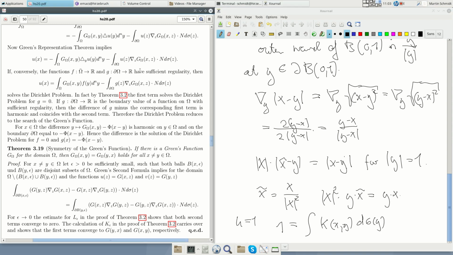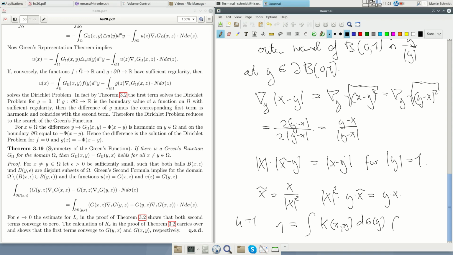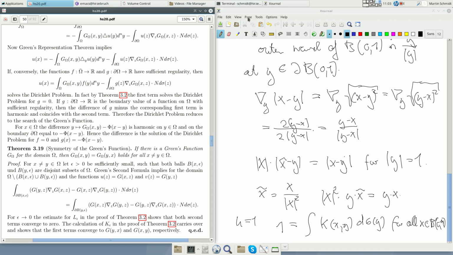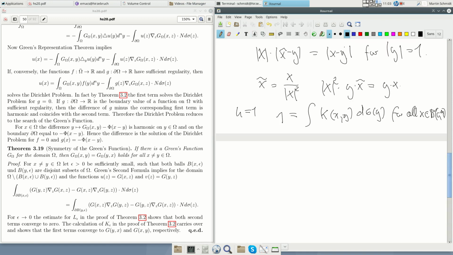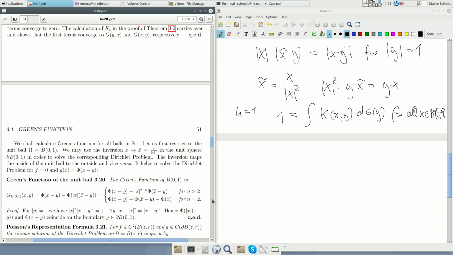So this equation holds. We showed this for all x in the unit ball. This follows by this formula. Okay, now we use this.